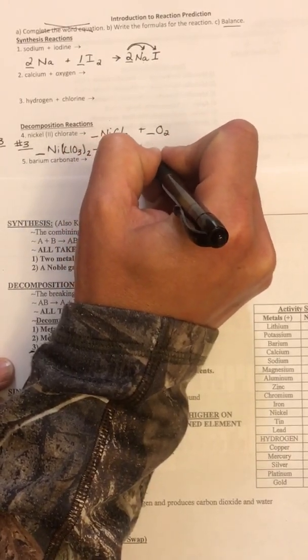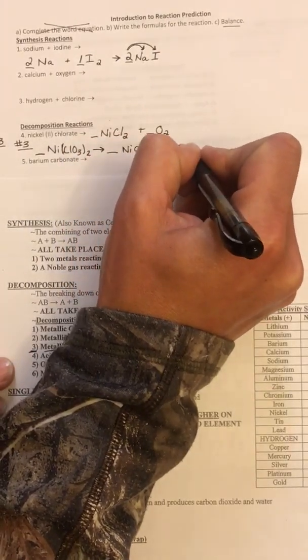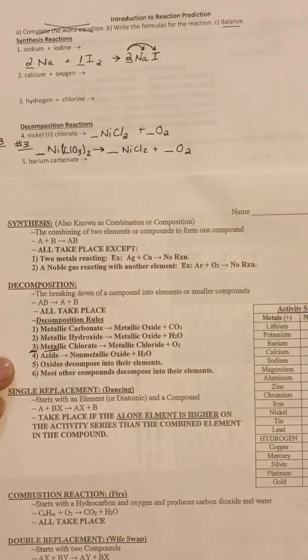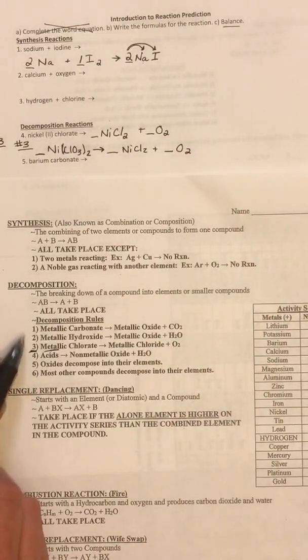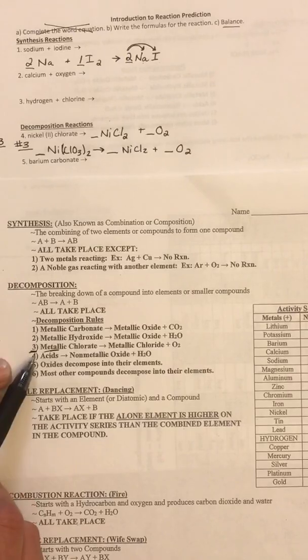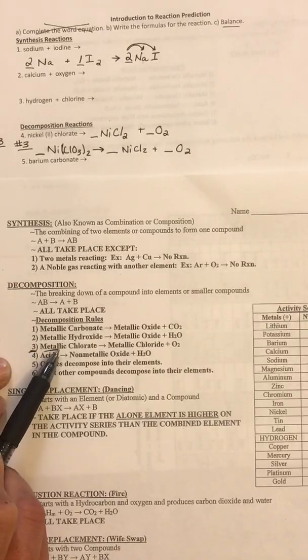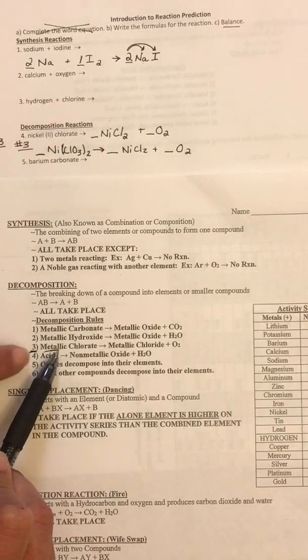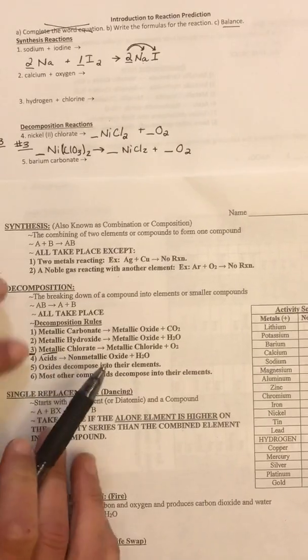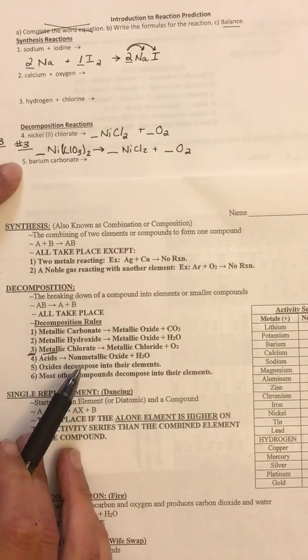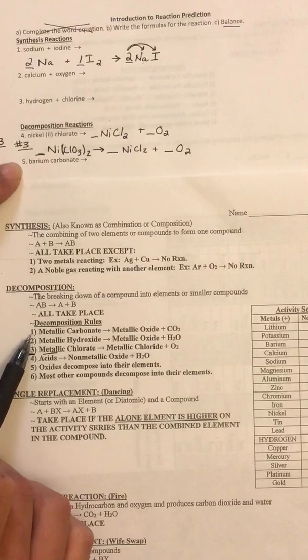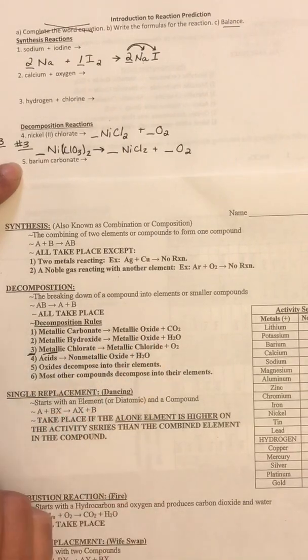Got a little off here, but it's fine. So decomposition, you will always use one of the 6 rules from down below. In this case, I'm using rule 3 because I started with nickel chlorate and I have metallic chlorate for rule 3. If you look at question number 5, barium carbonate, you're going to start with rule number 1 to determine how it breaks down.